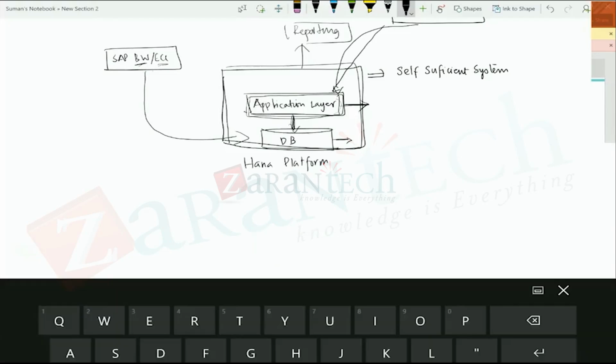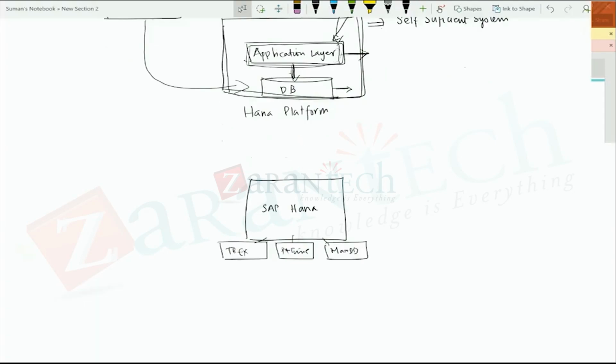But beyond this, what are the other capabilities of SAP HANA that make it extremely fast? Why is everybody talking in high regard about SAP HANA? There are 4 factors that make SAP HANA much more prominent in the organization.